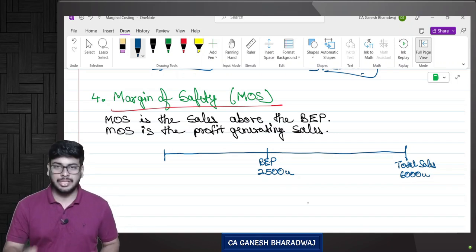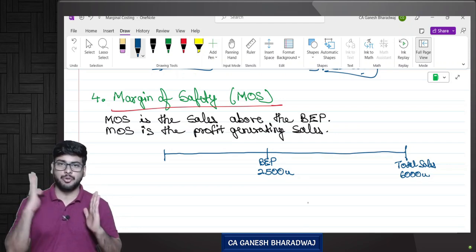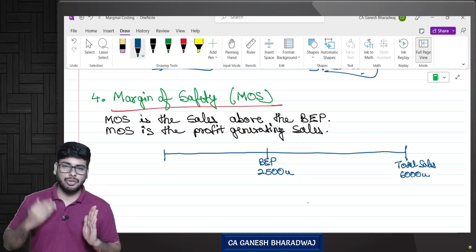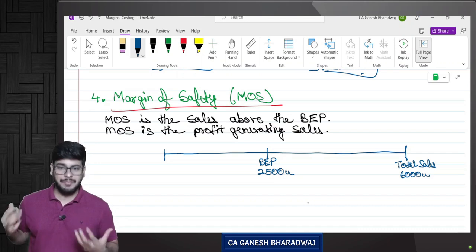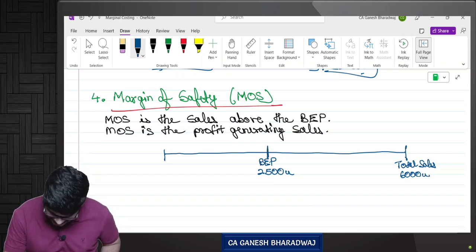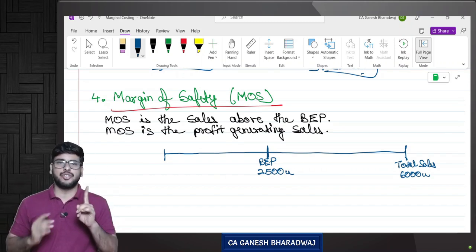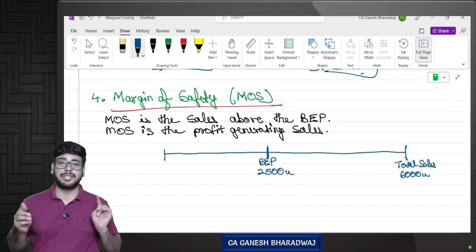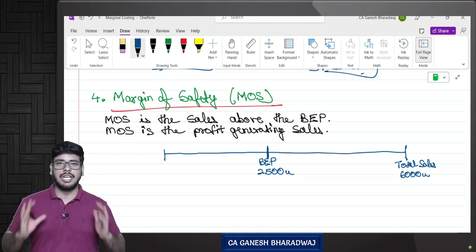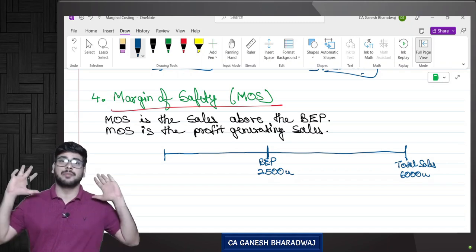See, the first 2,500 units I produce just go towards recovery of my fixed cost, and exactly at 2,500 units, my contribution is exactly equal to my fixed cost. Or in other words, I have built a contribution that has completely recovered my fixed cost.